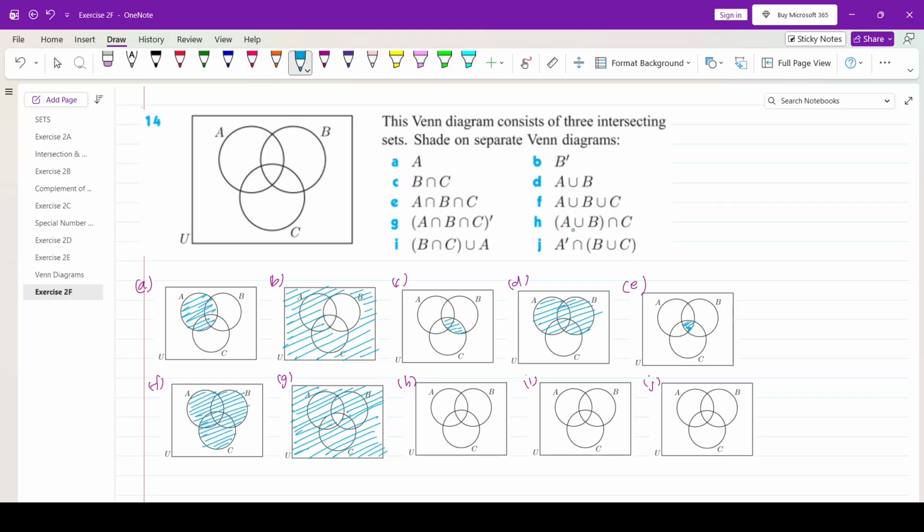H is A union B intersection C. So A union B is this part and intersection C. So the intersection will be of this part. Hence this part will be shaded.